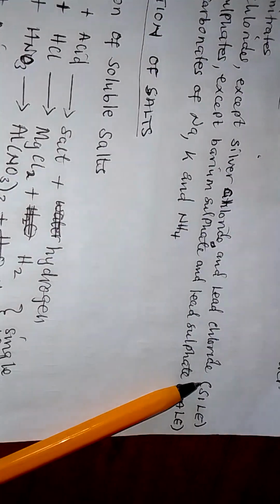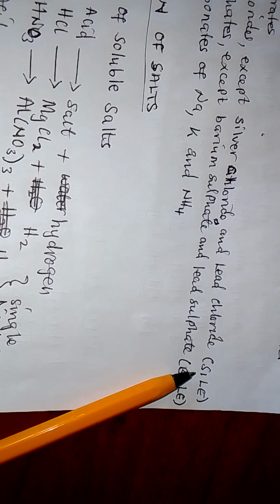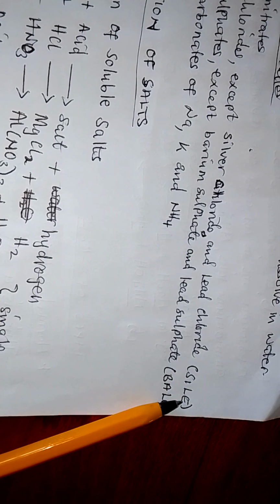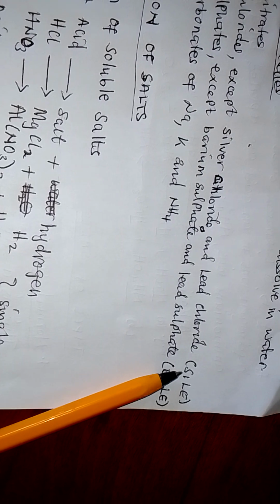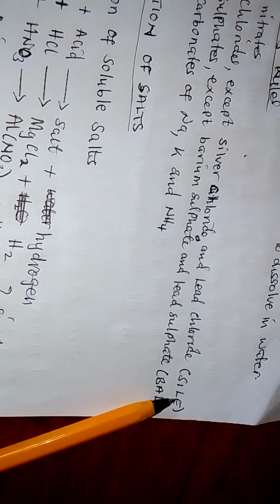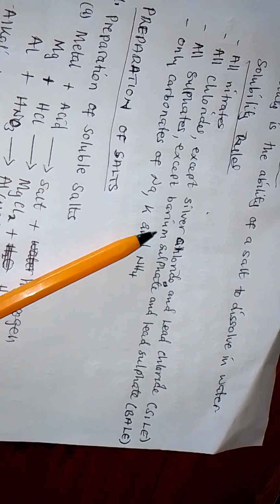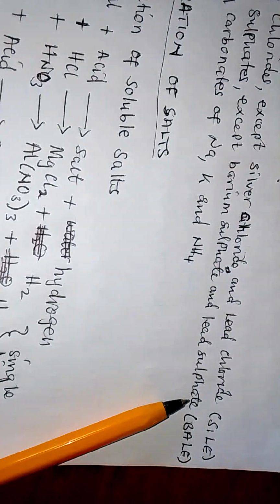So to remember the insoluble chlorides, you use this mnemonic, Sile or Sil. Then this one stands for silver, this one for lead. Same applies here, all sulfates except barium sulfate and lead sulfate are soluble.